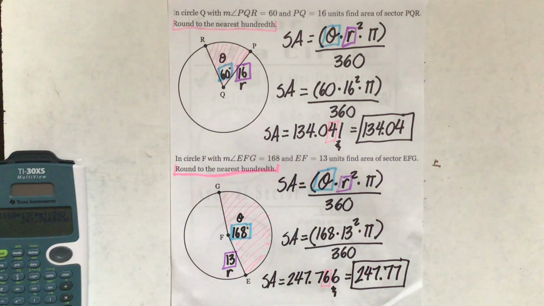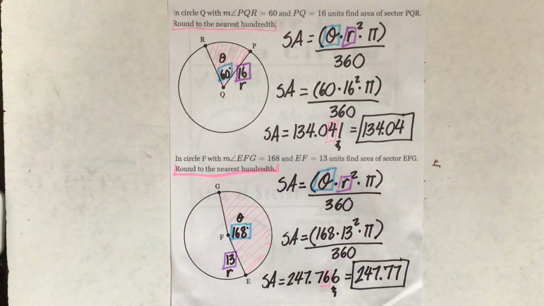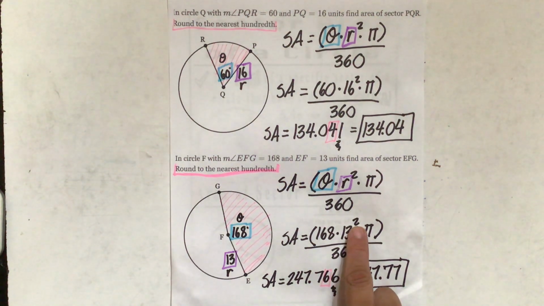Now remember to do this work with me, right? If you haven't done it yet with me, rewind it, write it on your own piece of paper, and then do the work with me. That's the best practice that you can have to make sure that you get these solutions correct. Don't forget the little square button.